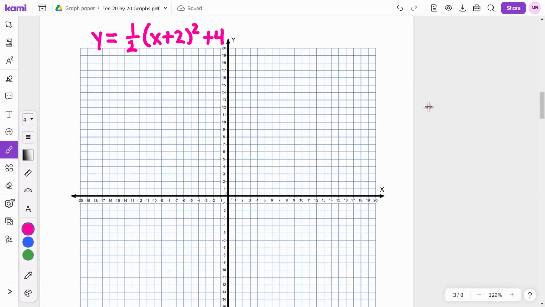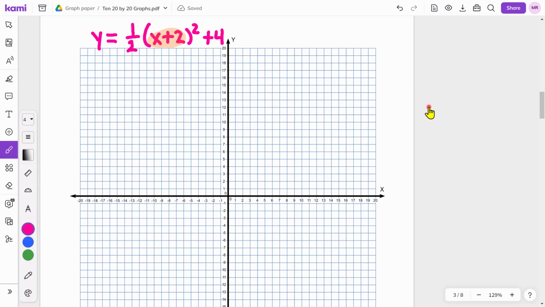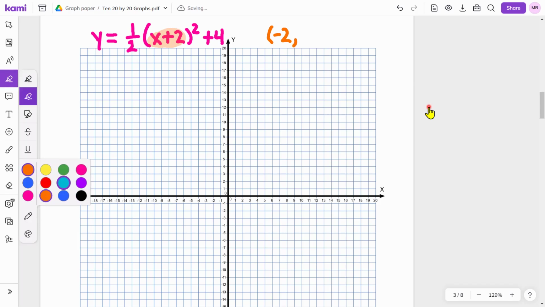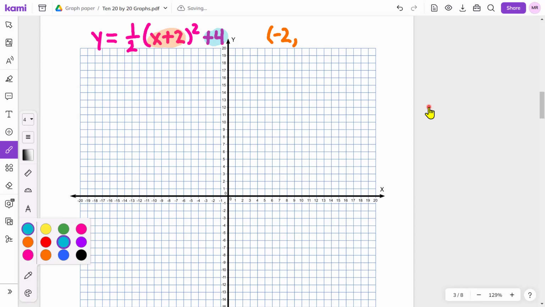So my vertex, looking at this, is going to be -2 from this, comma, and this is going to be a 4. So -2 comma 4, that's going to be my vertex. So let me start there at -2 comma 4.